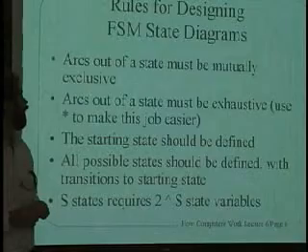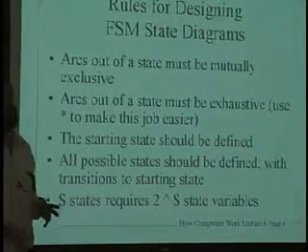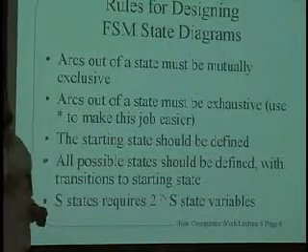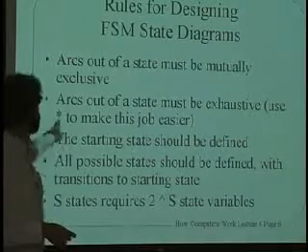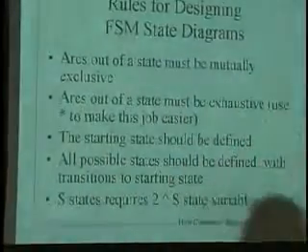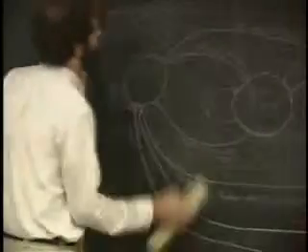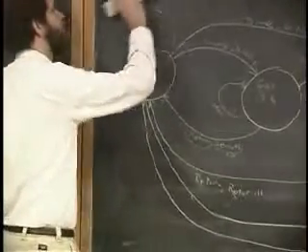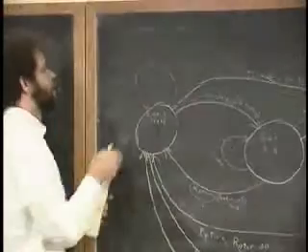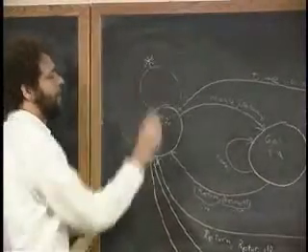Sometimes, in fact, if you want to just have an arc that says, in all other cases, do this, you can use the symbol star, and that's sort of a nomenclature thing. And so one of the things that I could have done here, instead of writing all this stuff out, is I could have just said, in all other cases, stay in the same state.